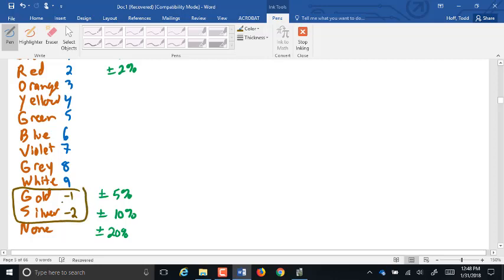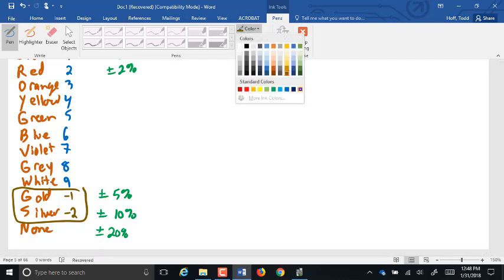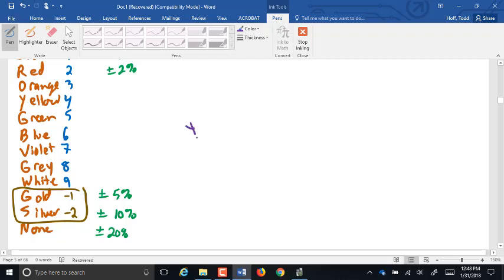Most places don't talk about the gold and silver being -1 and -2. Those would only be used as powers of 10. For example, if we had a yellow, orange, silver, and then red.